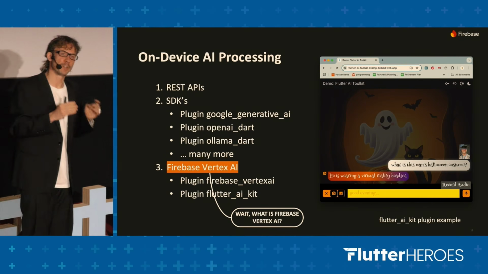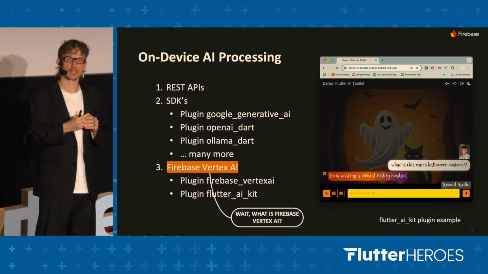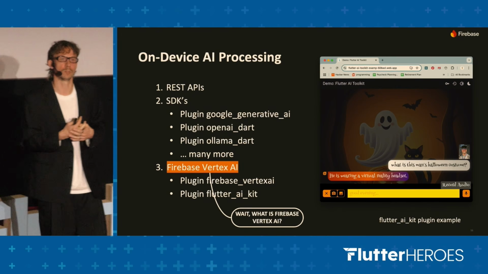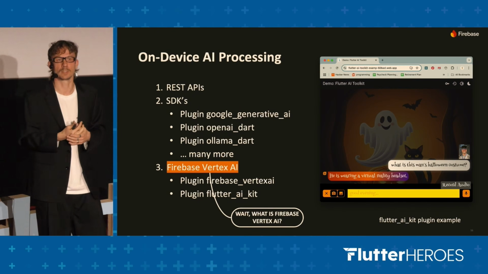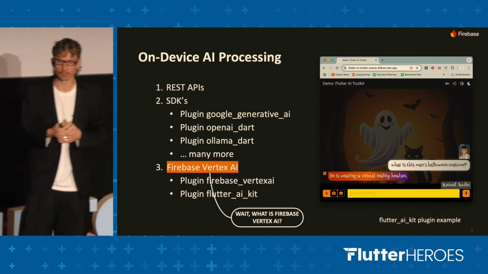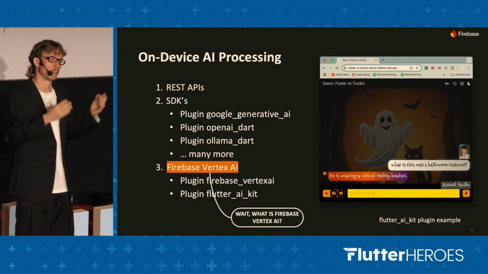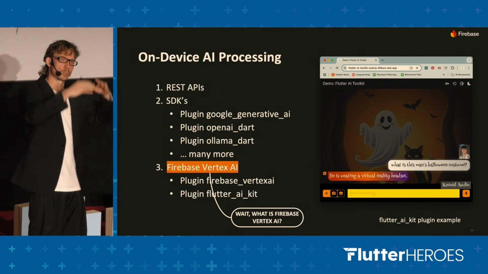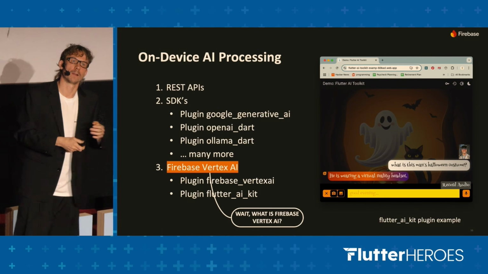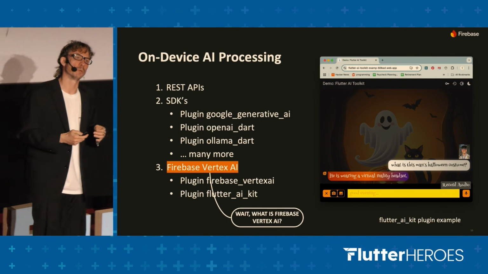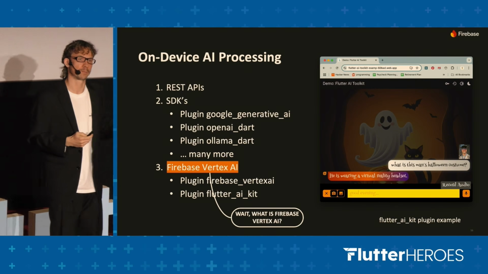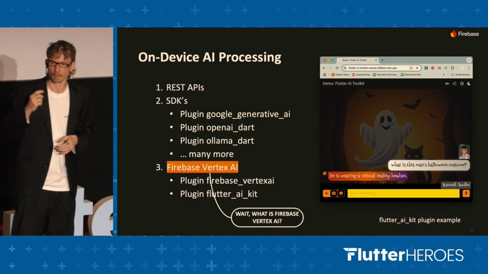Yeah, actually, Vertex AI is a Google Cloud service that gives you a lot of tools and services to work with different AI models that are hosted in Google Cloud. And Firebase Vertex AI is a kind of Firebase functionality on top of Google Cloud Vertex AI that allows you to control models from Google Cloud Vertex AI from your Firebase application.